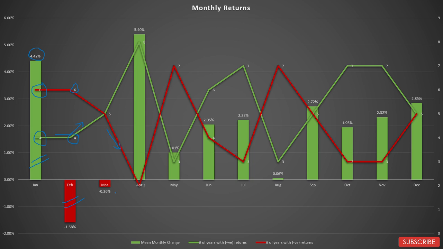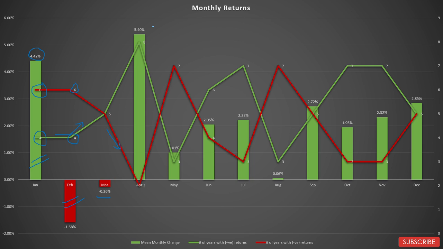Now March, although it's showing negative 0.26% as an average return, we have to take into account the March 2020 crash. So considering that, I would say minus 0.26 is still not that bad of a return.